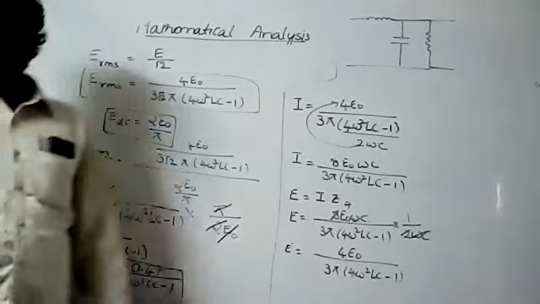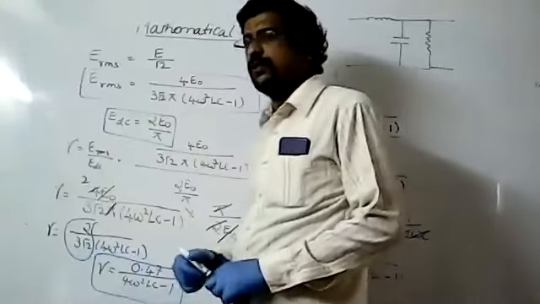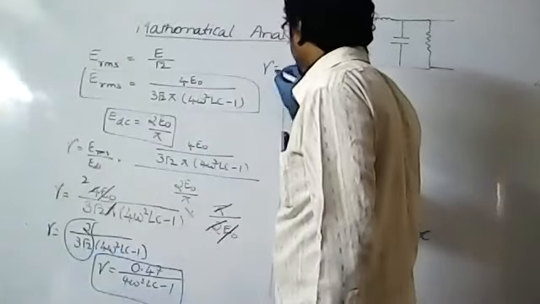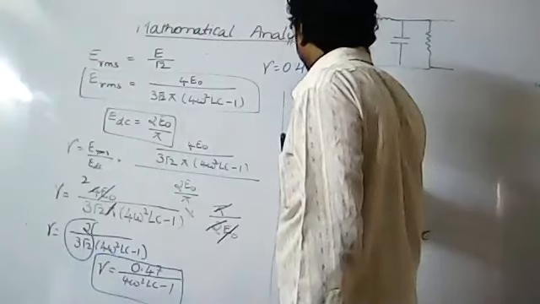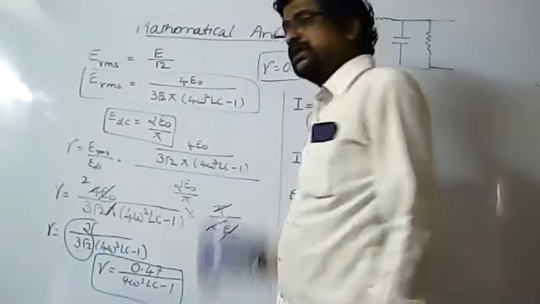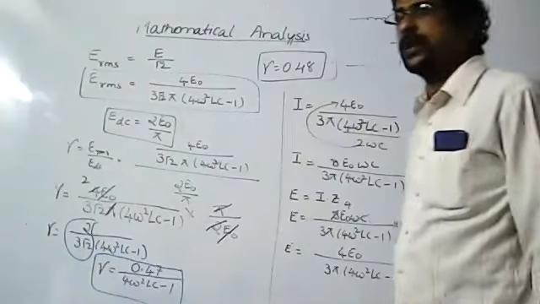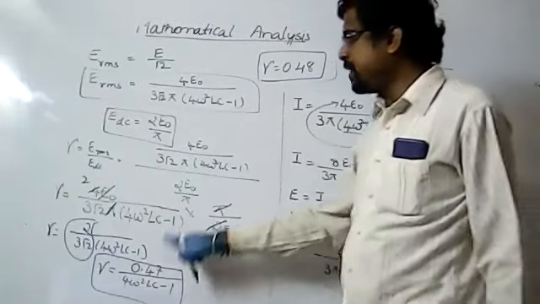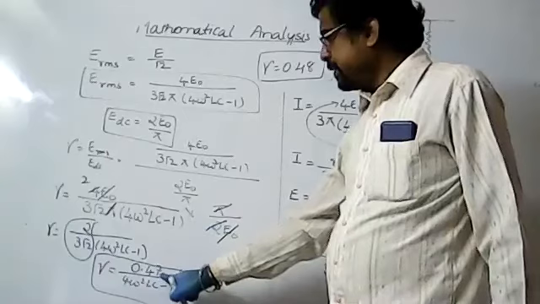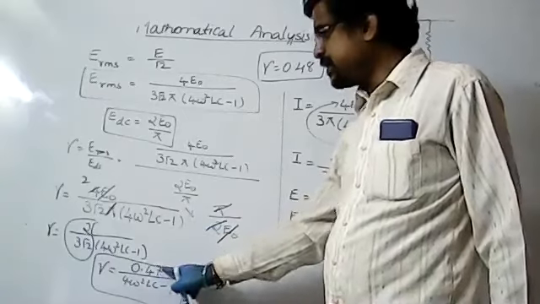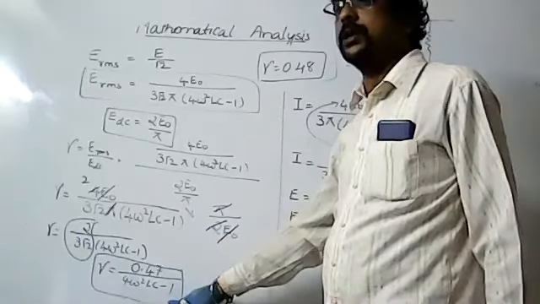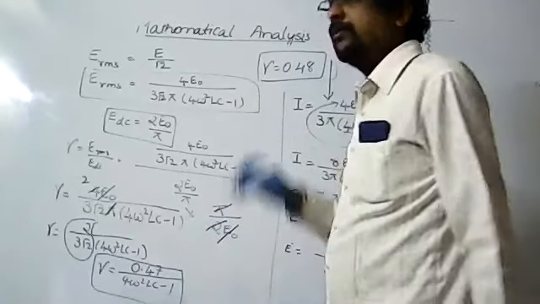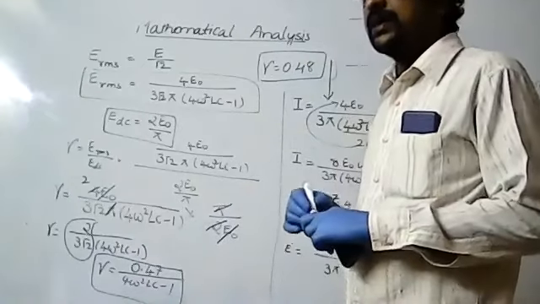Now, if you come across the full wave rectifier, what is the ripple factor value? 0.48. Now what is happening here? 0.47 is divided by some quantity. So naturally the value will be very much less.